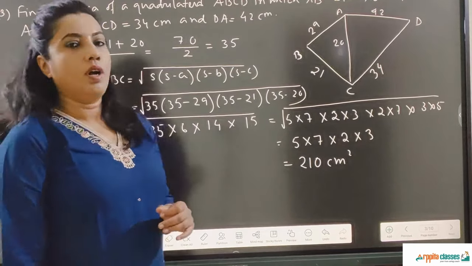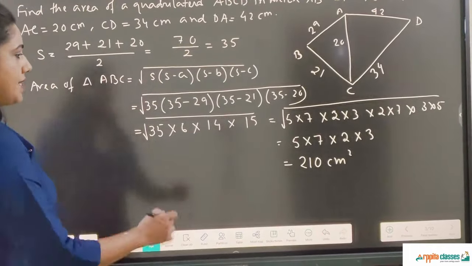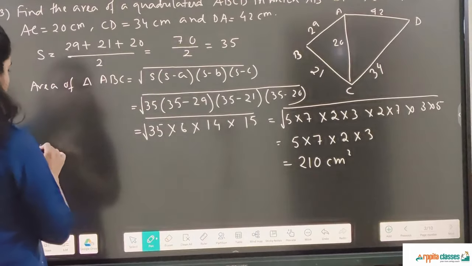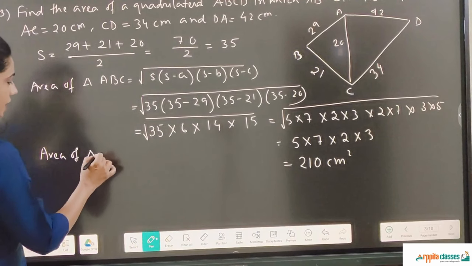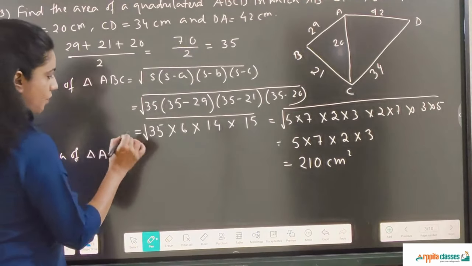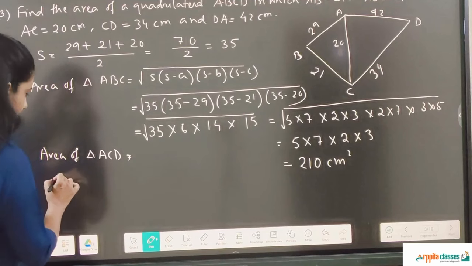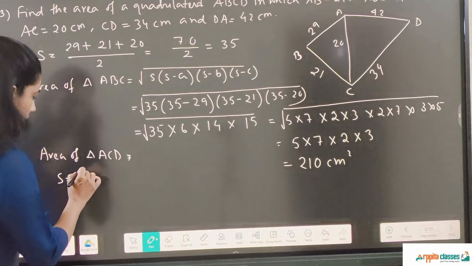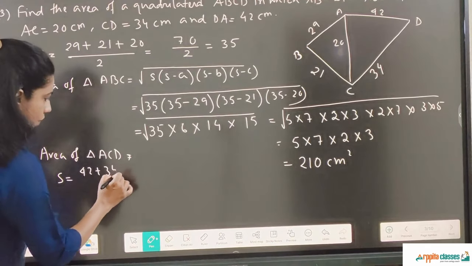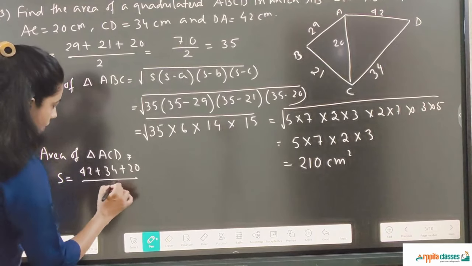Yeah, so now we'll find out the area of ACD in a similar pattern. So area of triangle ACD. First we'll find out S, and S is equal to 42 plus 34 plus 20 upon 2.